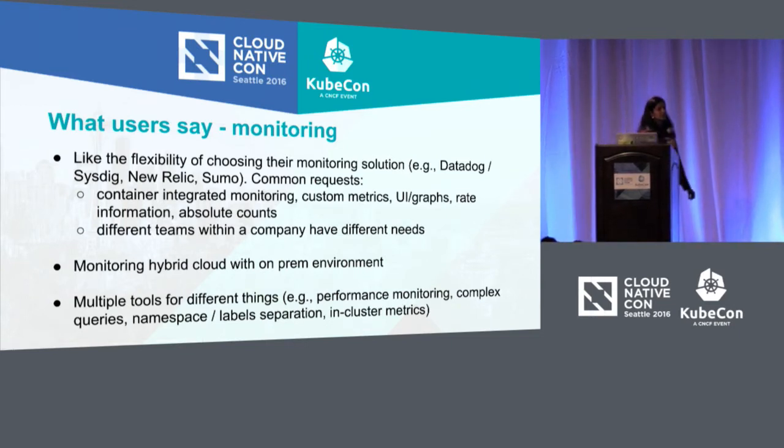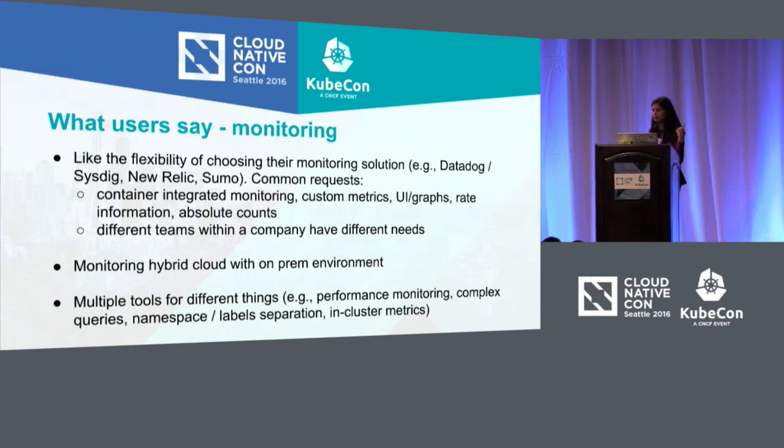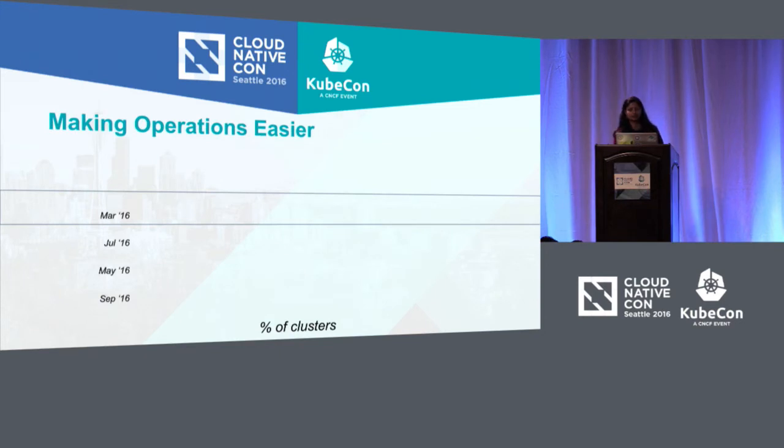The other use case is really for hybrid cloud. If you're running a cluster in Container Engine and another cluster on-premise or in AWS, you would want to aggregate your metrics across those clusters. Being able to install something like Datadog or Sysdig allows you to have a more global view. So that's monitoring.